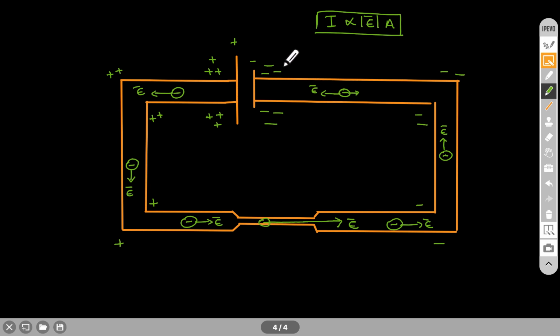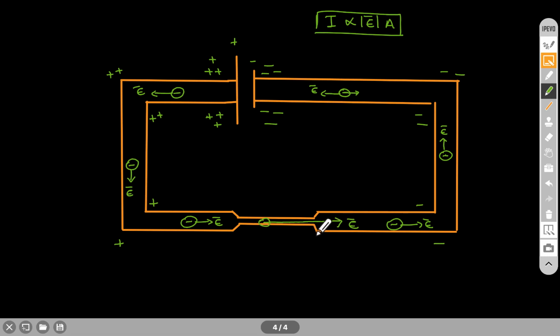So when I'm comparing this point of the wire and this point of the wire, I see a difference of 1. I have 3 here, I have 2 here. Between this point and this point, there is also a difference of 1. Between this point and this point, there has to be a difference of 1 as well in order to maintain the same uniform electric field in this wire with the same thickness.